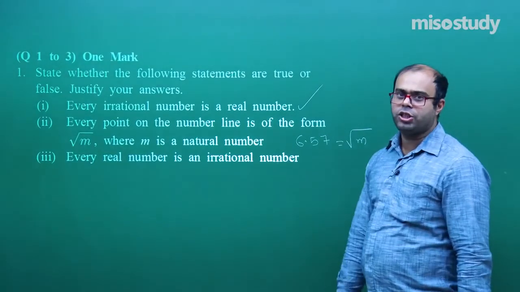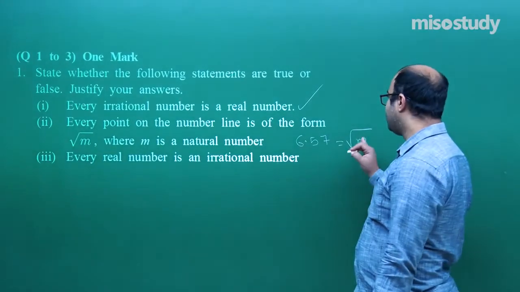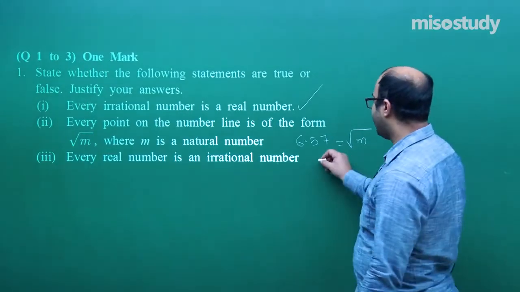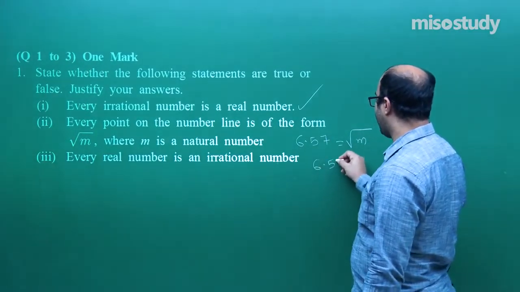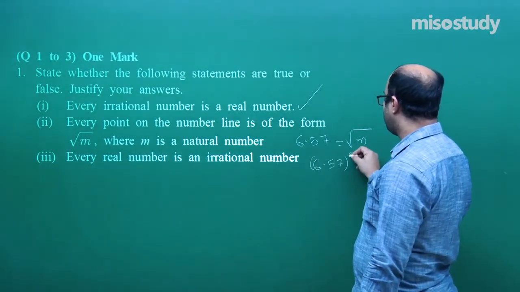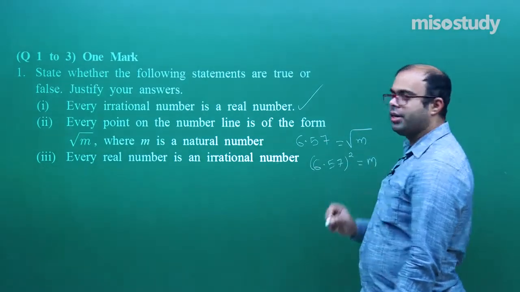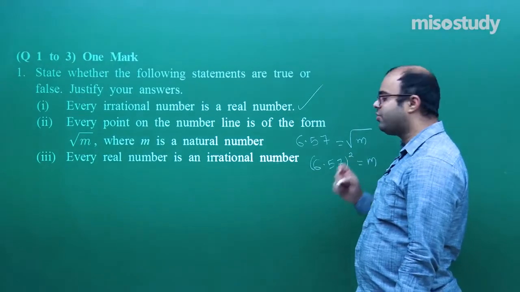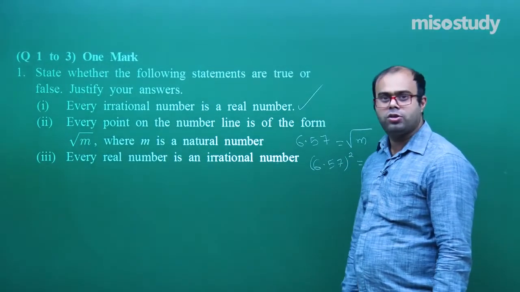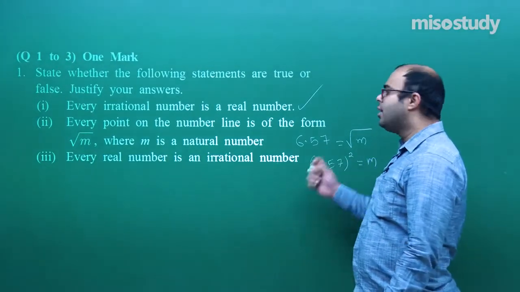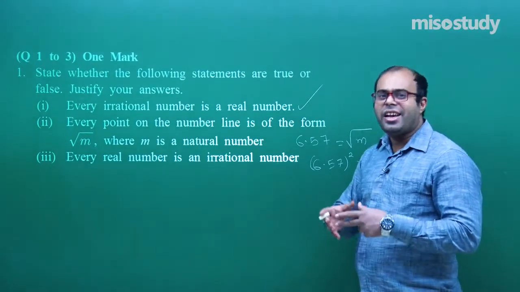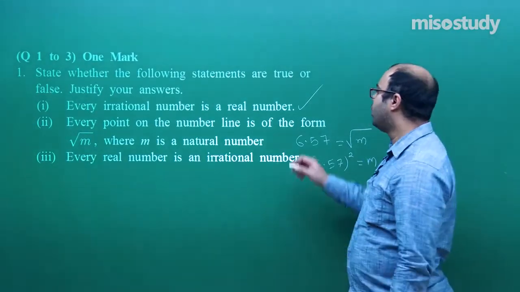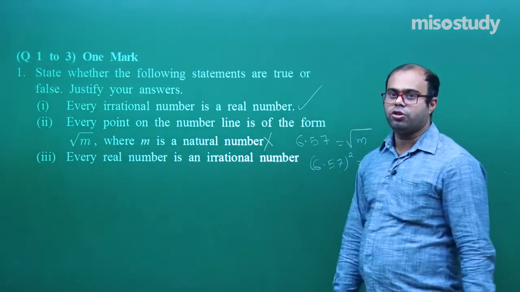I have taken a point 6.57. I am saying that it is of the form root over m. So that means 6.57 square should be equal to m. And what is m? It is a natural number according to this statement. But is 6.57 square a natural number? No, it is not a natural number. It will be some number which is a rational number but not a natural number. So this statement is false.